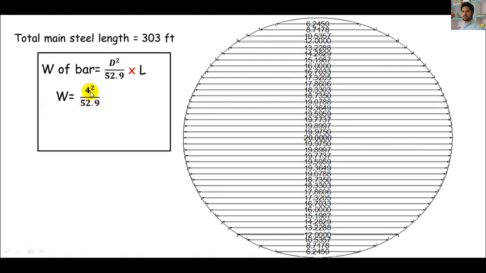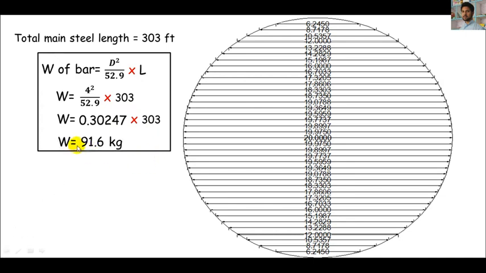Because in the example we were informed to take number 4 bar. And in this formula, the diameter must be in eighths, so the bar number 4 means the diameter is 4 eighths, or 4 by 8 inches. Multiply by 303, which is the length of all these. Calculating this, you must get 0.30247 times the length, and bam, the weight is over here.